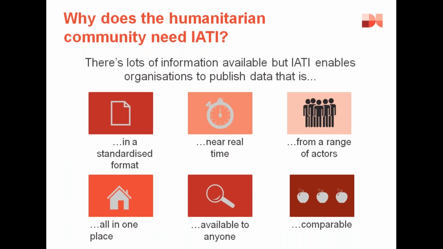In terms of why IATI is even needed, well, we know there's a lot of information currently available, but quite often a lot of it is in very different formats. It can be held internally by organisations, not necessarily made public. Lots of organisations will put PDFs on their websites, and there's a huge amount of information out there.